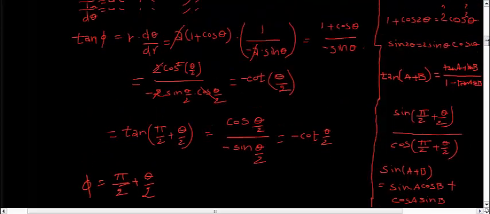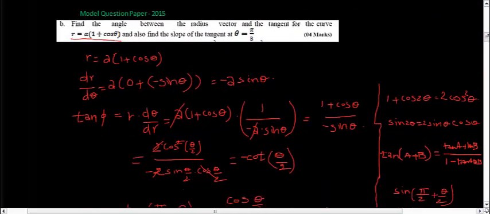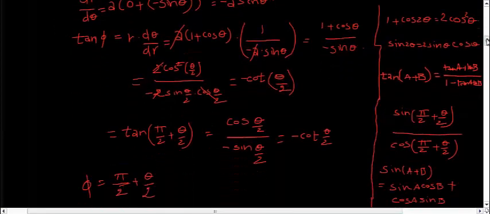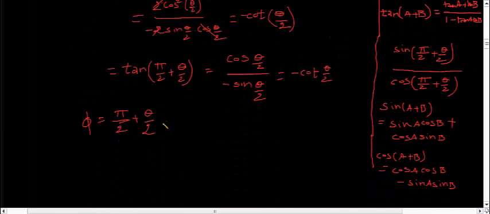Let us go back to the question, and it says also find the slope of the tangent at theta is equal to pi by 3. Here, what is theta equal to? Theta is given as pi by 3.